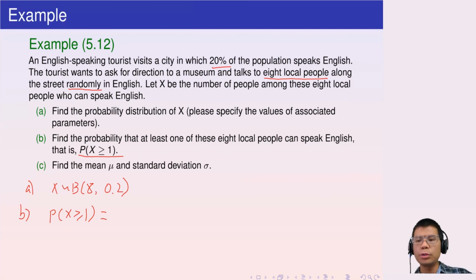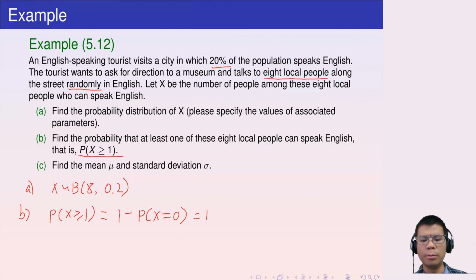So let's use the complement rule. It's better to use the complement rule. The complement event is that none of them speaks English. In other words, X is equal to 0. So it's 1 minus the probability that none of them speaks English.